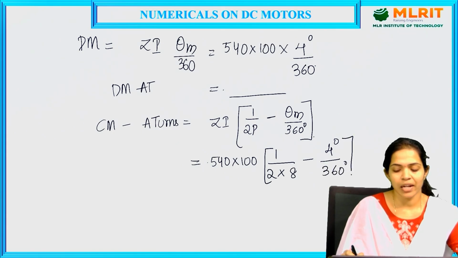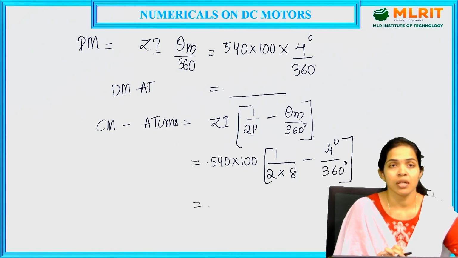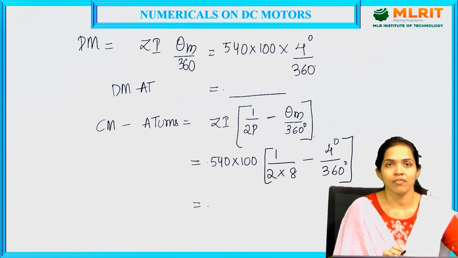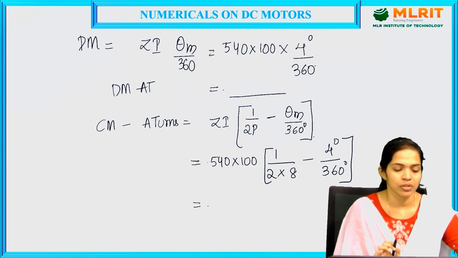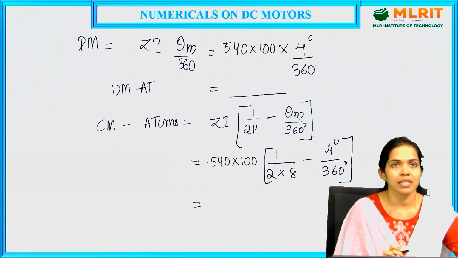Upon further calculating it, we get the number of cross magnetizing ampere turns required to neutralize the cross magnetizing effect under the armature reaction for a DC generator. So this is how we calculate demagnetizing ampere turns and cross magnetizing ampere turns required to neutralize the armature reaction effect in a DC generator.